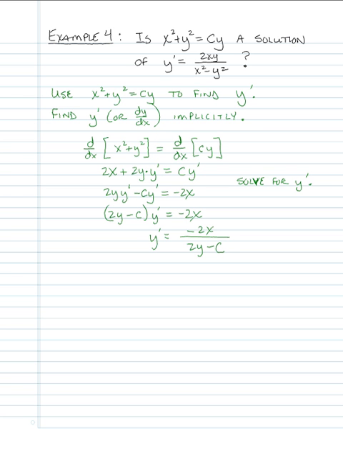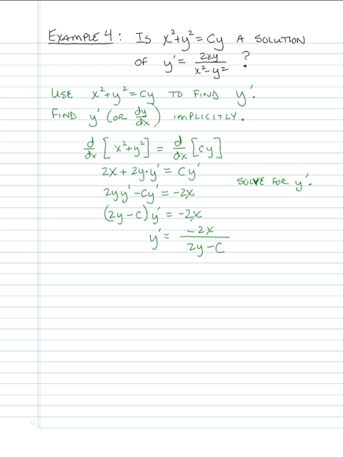Now that doesn't really look like what we've got up above, does it? In fact, our differential equation is y prime equal to xy over x squared minus y squared. So the question is, can we algebraically change the form of the right side?